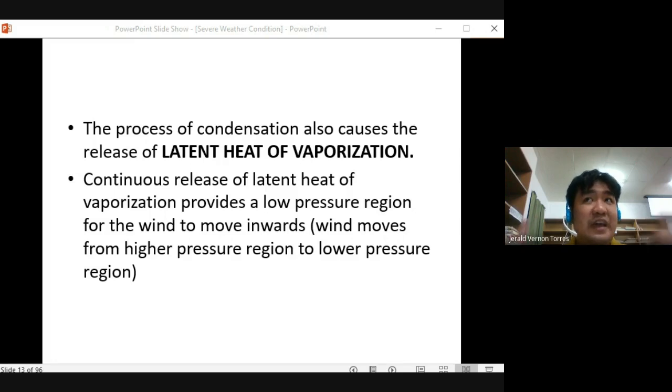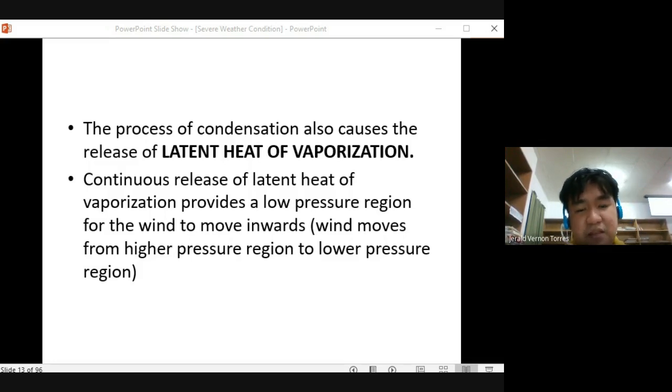And this low pressure area is very important kasi class, tatandaan niyo paano ba mag-move ang air? How do we move air? Tatandaan niyo ang tawag class, pag gumagalaw na yung air, the movement of air is called wind. Ang tawag natin sa movement ng air, tinatawag siya na wind.